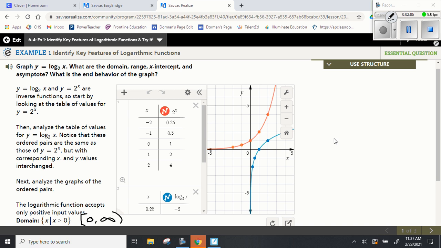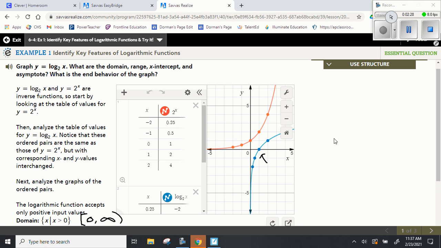It has no y-intercept. The x-intercept is at 1, 0, and we can find that right here.